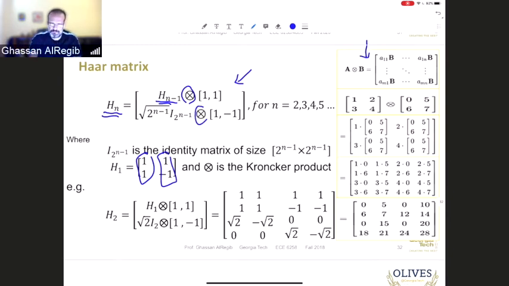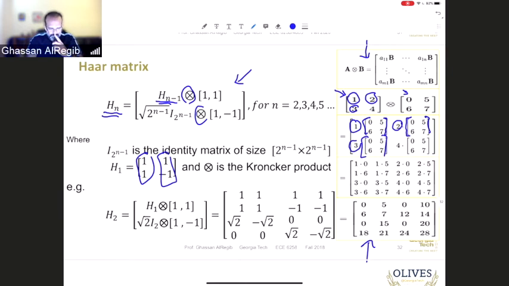If I have the matrix 1, 3, 2, 4 and I want to do a canonical product with the matrix 0, 6, 5, 7, I take 1 from the first matrix and multiply it with the second matrix as it is. Take the second element 2, multiply it with the second matrix as it is. Take the third element 3, multiply it, and so on. Once I do that, this is the result of this special product.